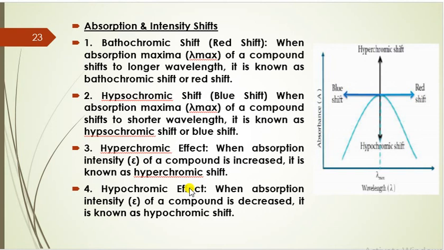Introduction of any group which distorts or changes the geometry of the molecule may result in hypochromic shift. For example, if you destroy the biphenyl ring system of a compound, then hypochromic shift will take place.